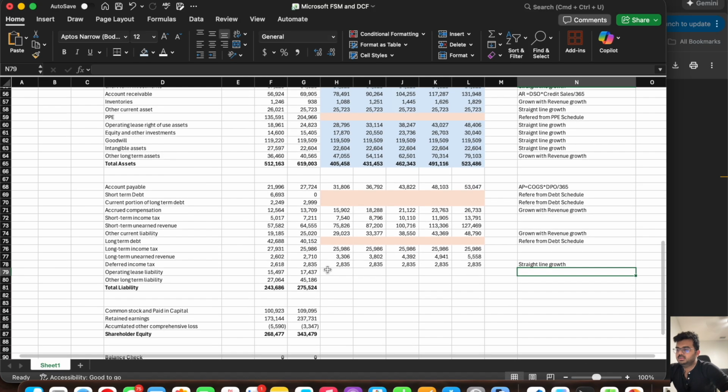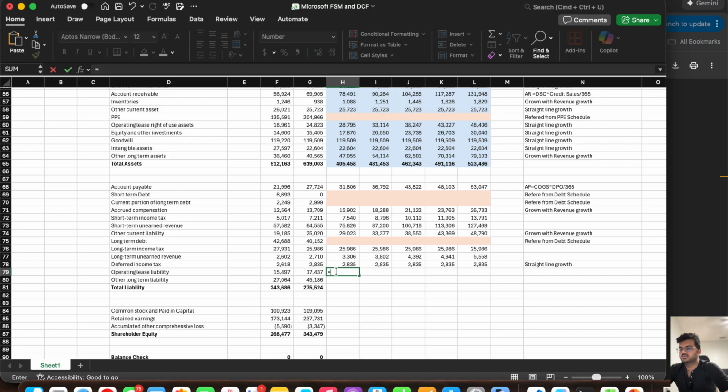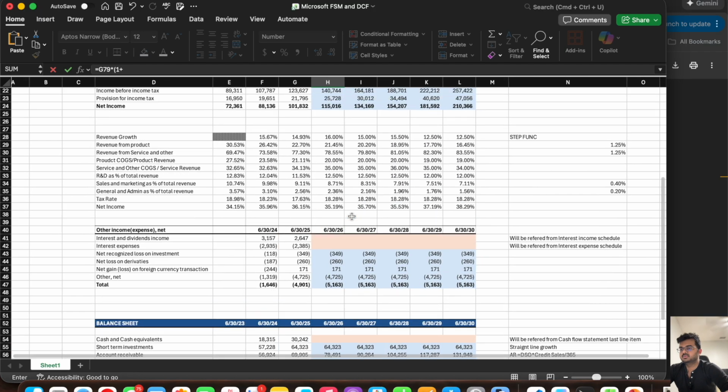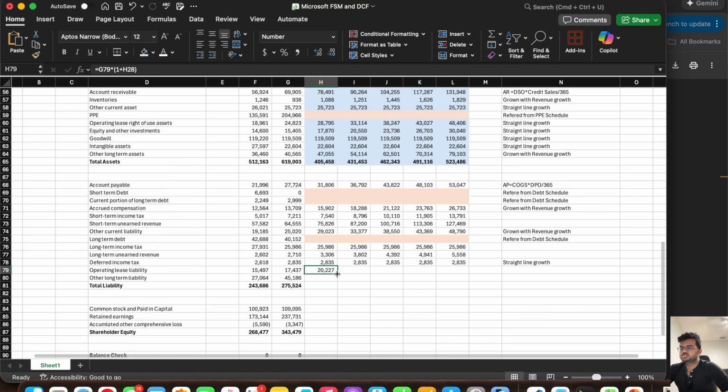Okay. And the next one is operating lease liability. Microsoft as a business could have taken a lease to perform their business. For that, there is some lease liability they have. And I'm 100% sure this number will increase going forward. They will take more plants or operational space to increase their business.